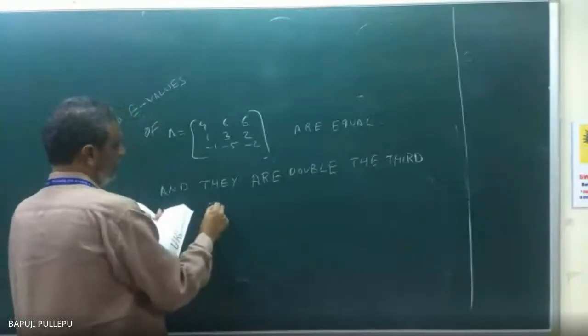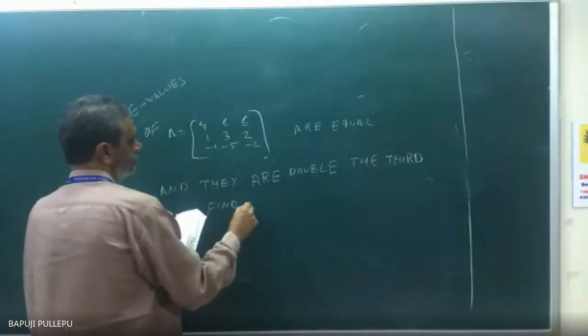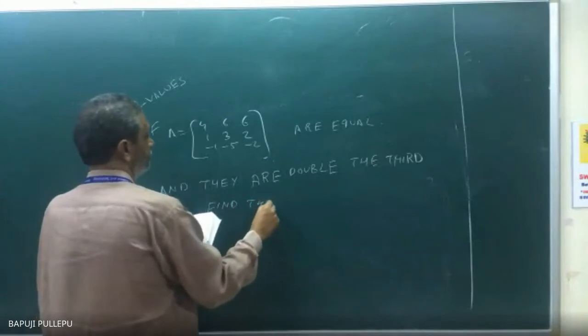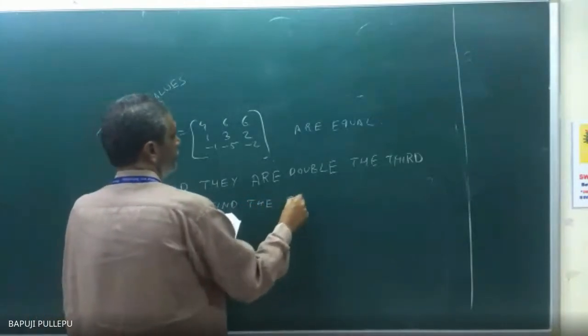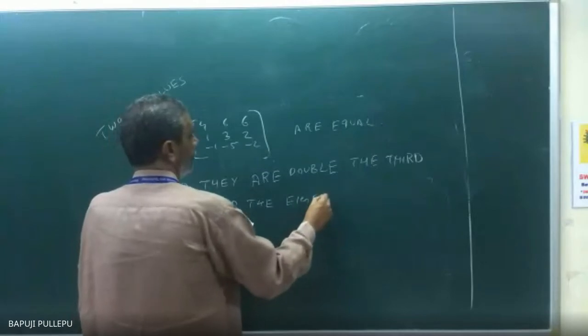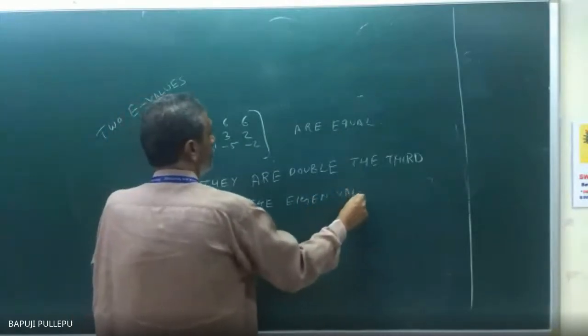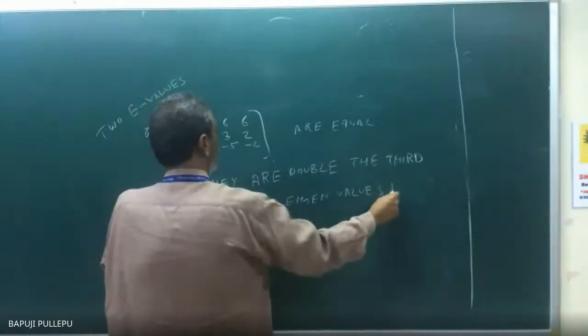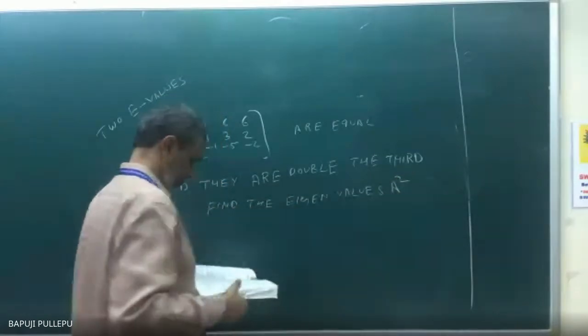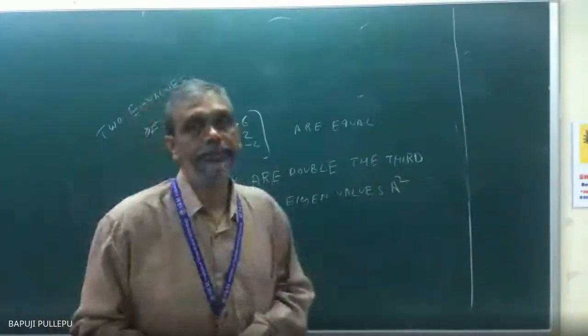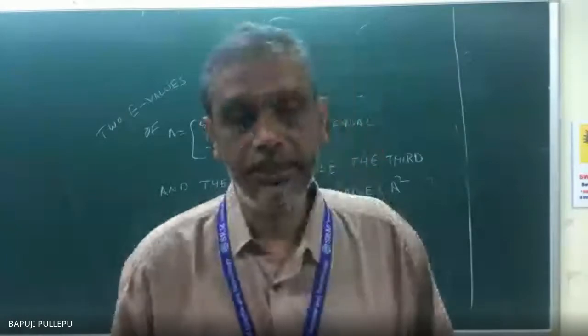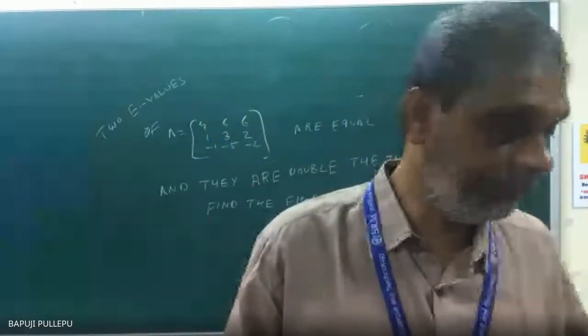Find the eigenvalues of A. Two eigenvalues are equal and the double of the third actually.